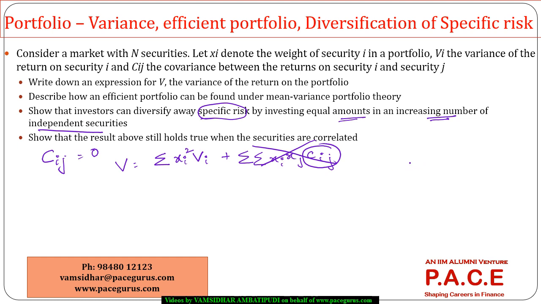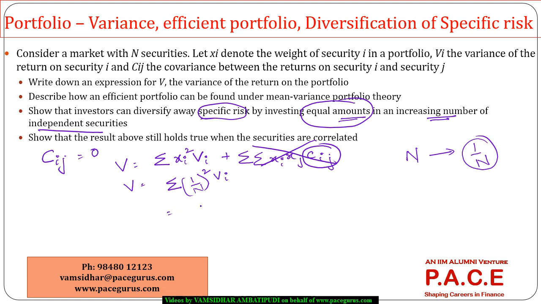And now that I have n different securities, and if I am investing equal amounts, which means the weightage in each one of them is 1 by n. So the same thing, if I look at it here, it becomes sigma 1 by n squared Vi.